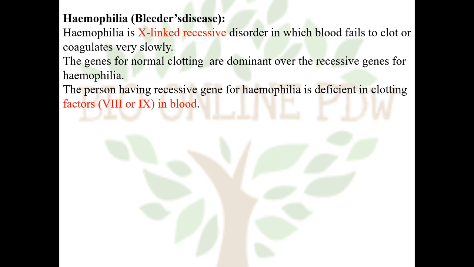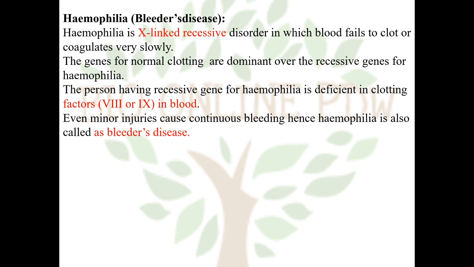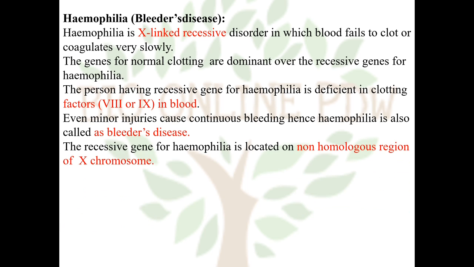The person having the recessive gene for haemophilia is deficient in clotting factors, that is factor number 8 and/or 9, in blood. Even minor injuries cause continuous bleeding in these persons. Hence, haemophilia is also called bleeder's disease.